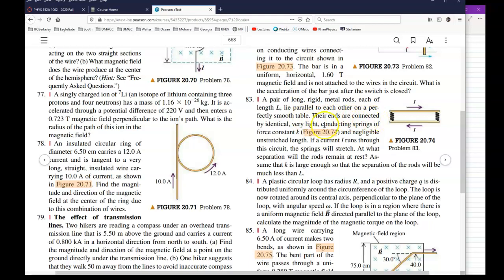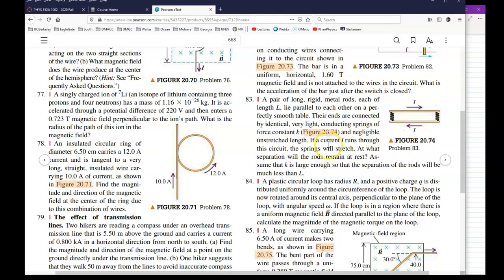Their ends are connected by identical, very light conducting springs of force constant K, the stiffness constant, and negligible stretched length. If the current I runs through this circuit, see the current going this way and then through the wires and back here and then through the springs, so it's going around in a circle like that.